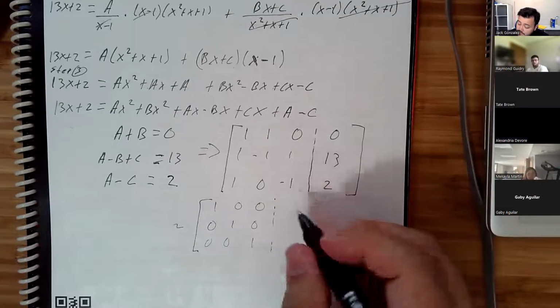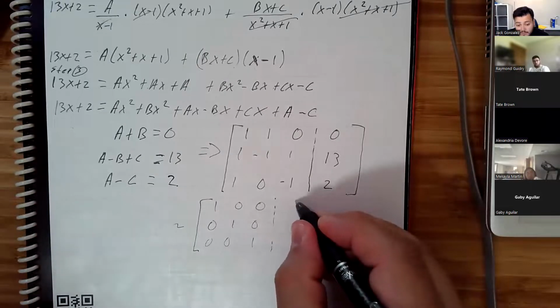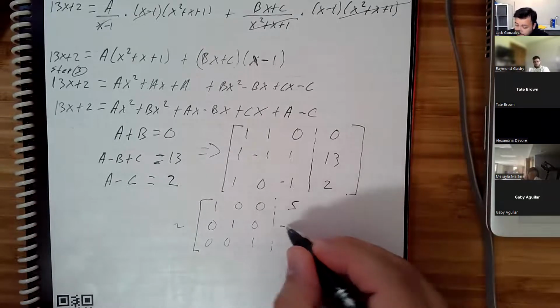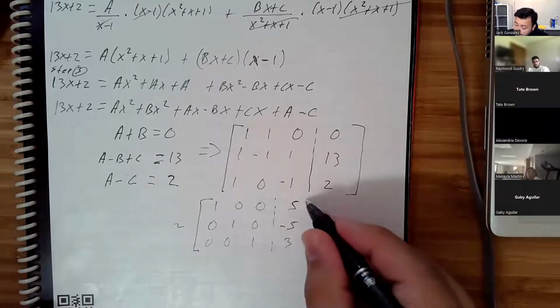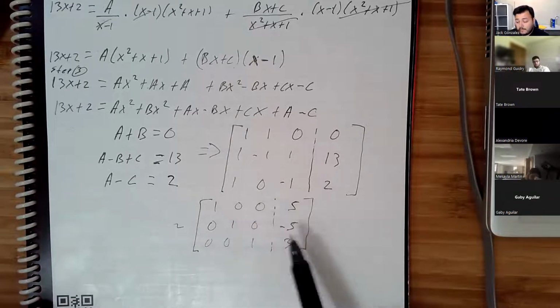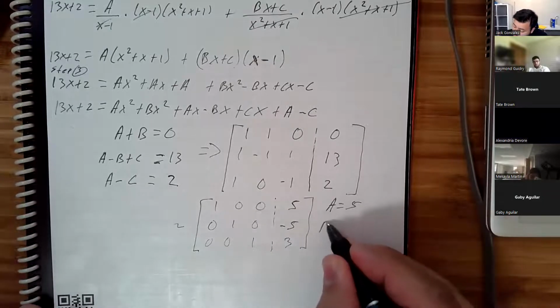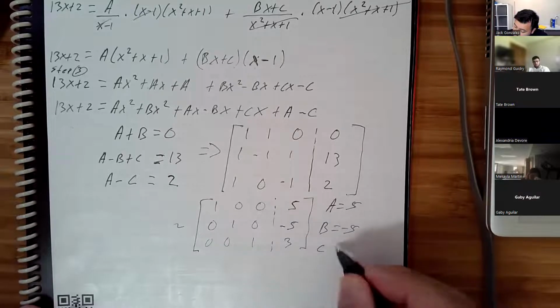That means your matrix is reduced as far as it can go. And then whatever's on the right hand side will be your solutions. Okay, so if you solve it with your calculator or a solver or by hand, you should get to here. Okay, so that means that A is 5, B is -5, C is 3.